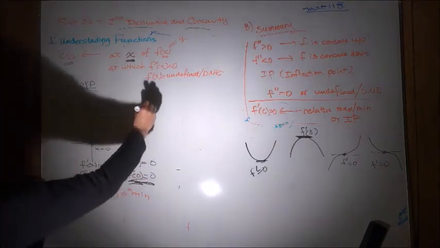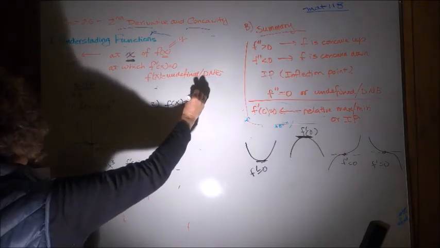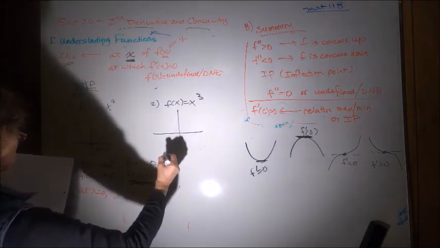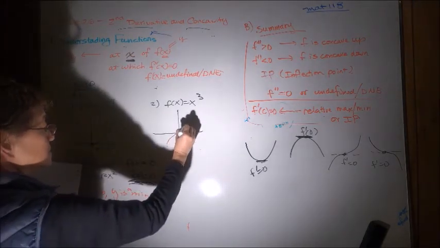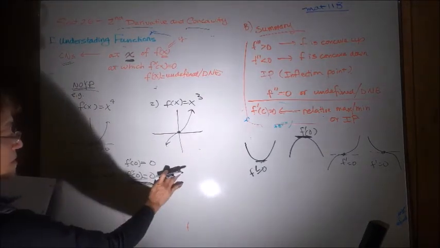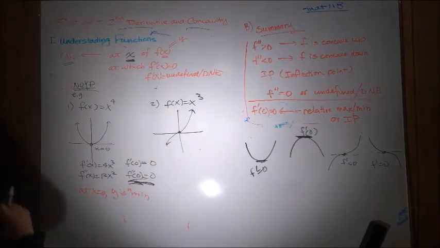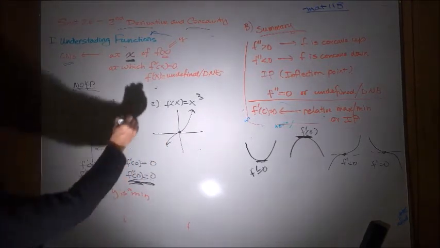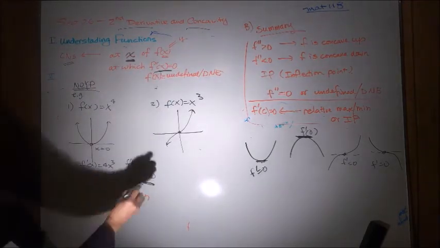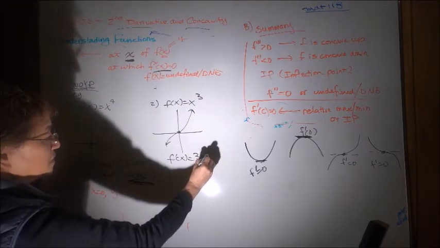If I have f of x equals x cubed, when you graph it, it will look like this. So we are talking about some critical point, right? Okay, so f prime is 0 at this time. So f prime x would be what? 3x squared, right?